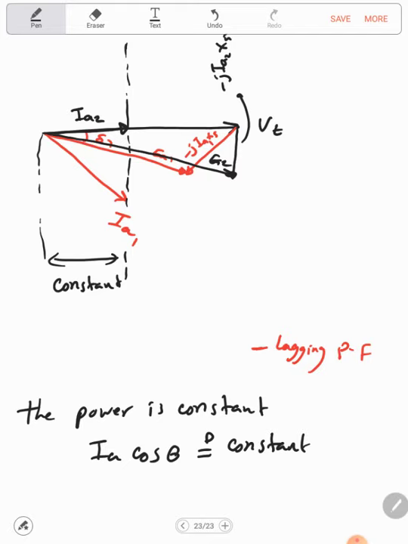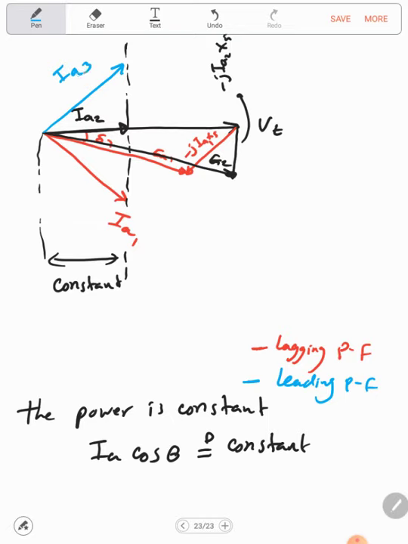Now for the leading power factor, we use the blue line for that, and IA cosine theta must be constant, so it must be somewhere here. So this will be the IA3.